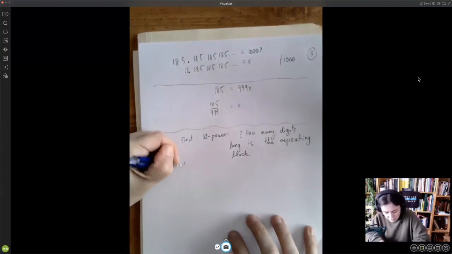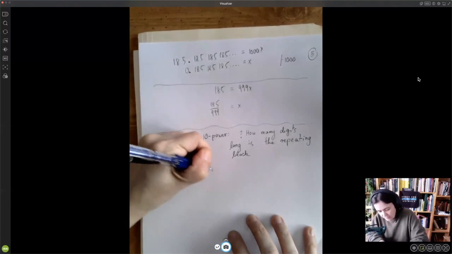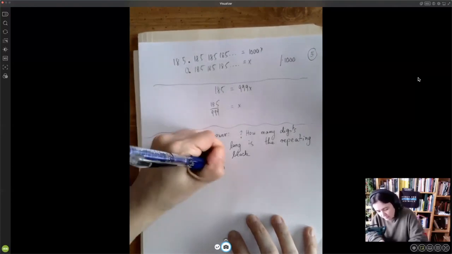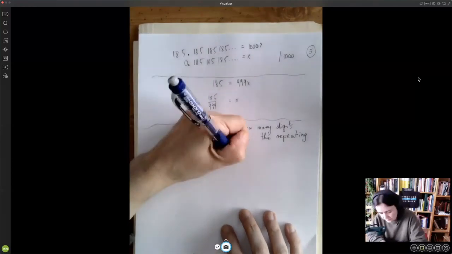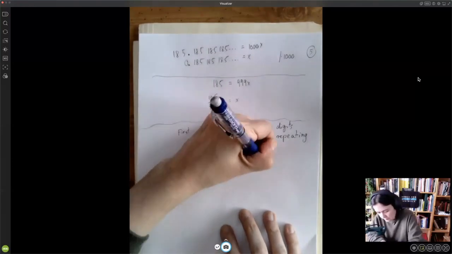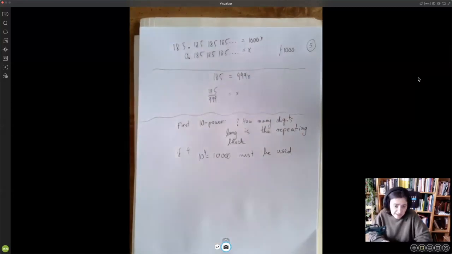So if 4, then 10 to the 4 equals a 1 and then 4 zeros after is what we need to use. If 7, we're going to have to use 10 to the 7th power.